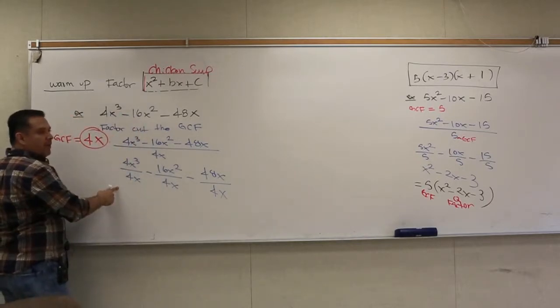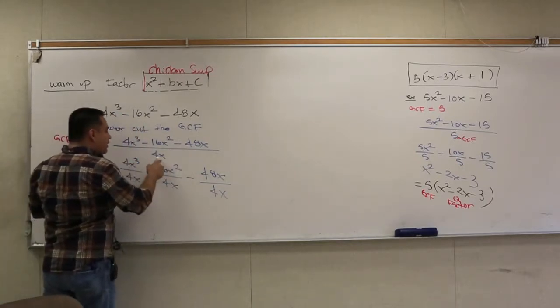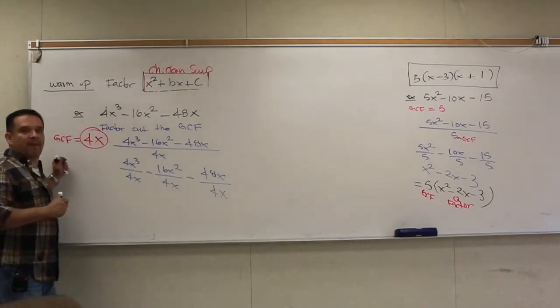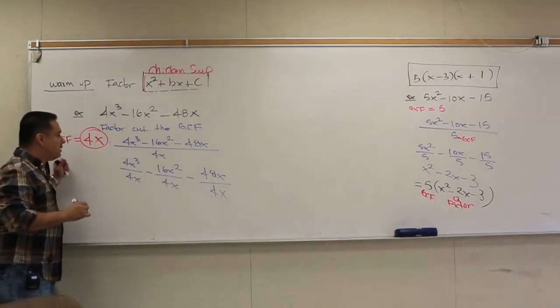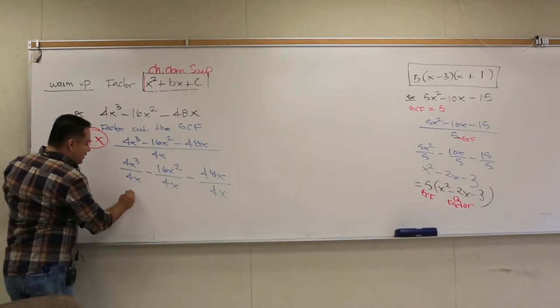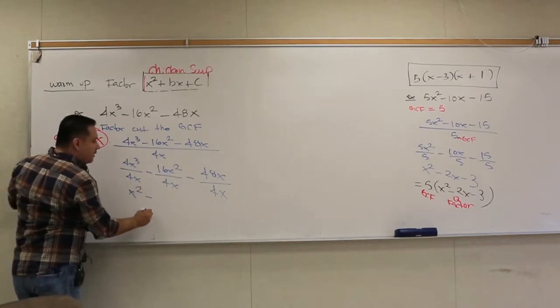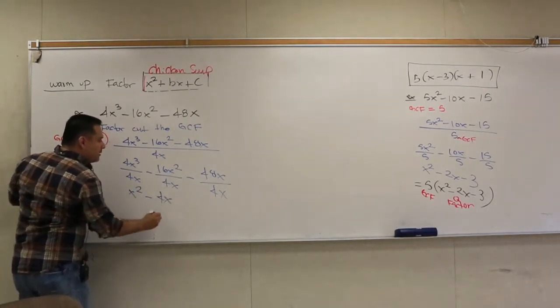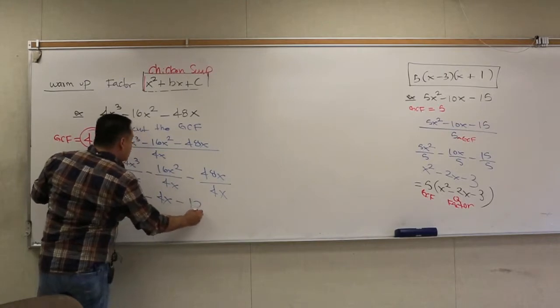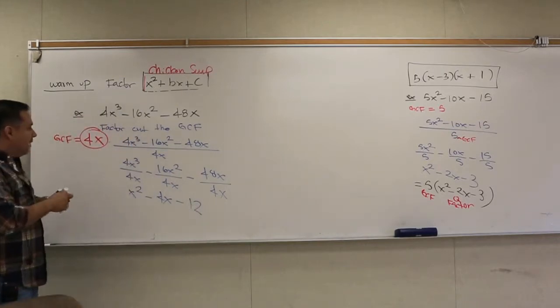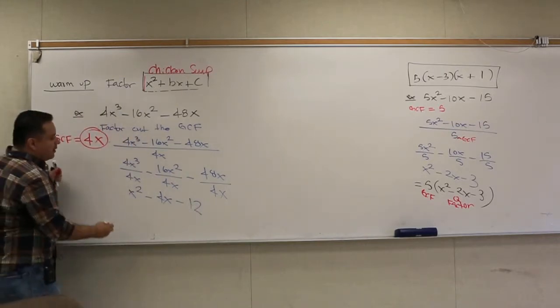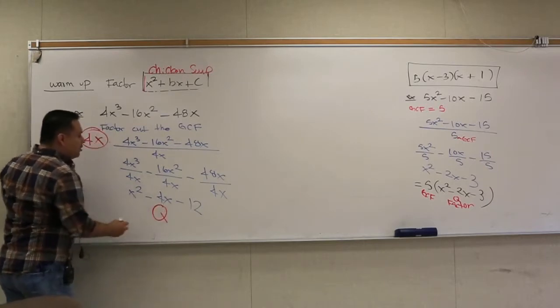What happens here? Remember this division homework you guys work with? What do you guys get now with this? Isn't that x squared minus 4x minus 12? So ladies and gentlemen, this is my quotient.